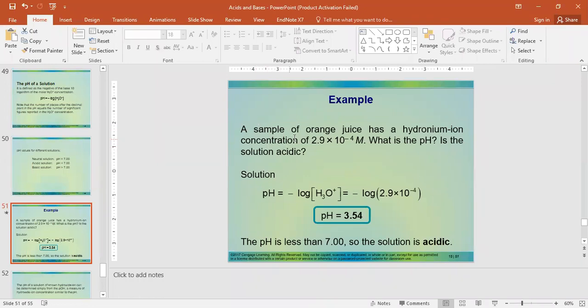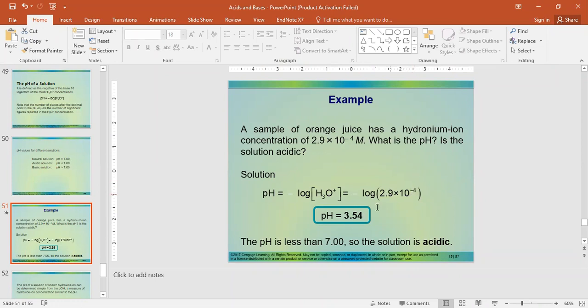So a sample of orange juice has a hydronium ion concentration of 2.9 times 10 to the power negative 4 molar. What is the pH, and is the solution acidic? pH is equal to the negative logarithm of the hydronium ion concentration.